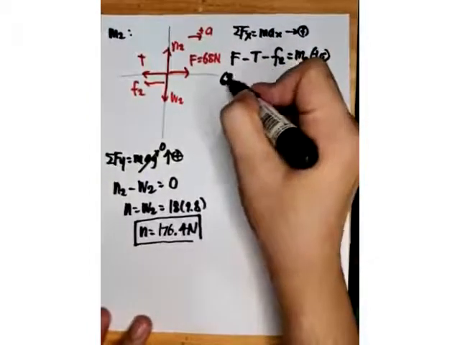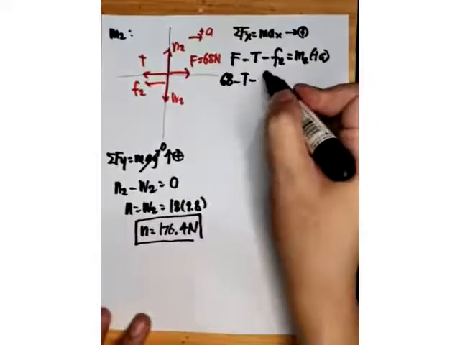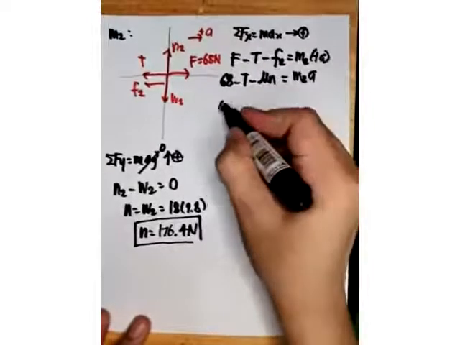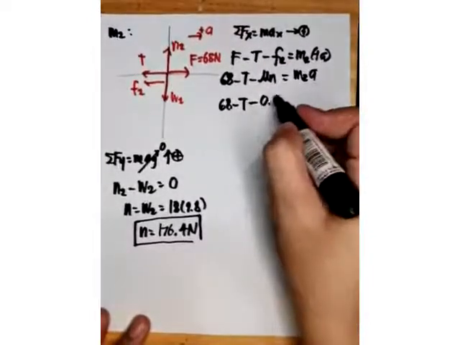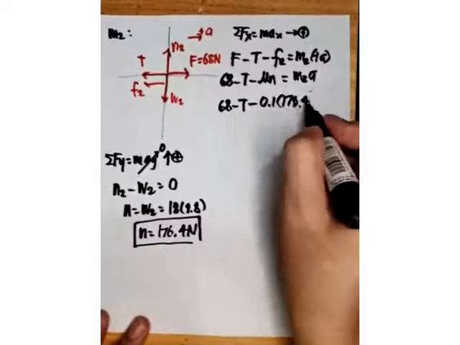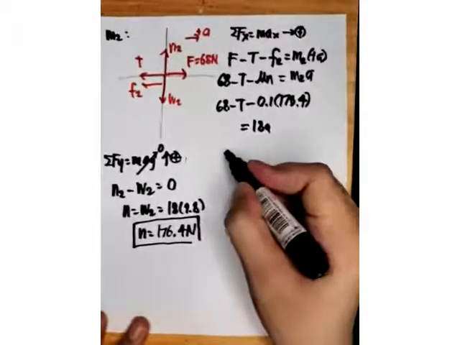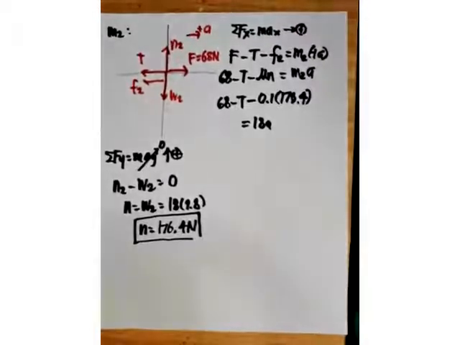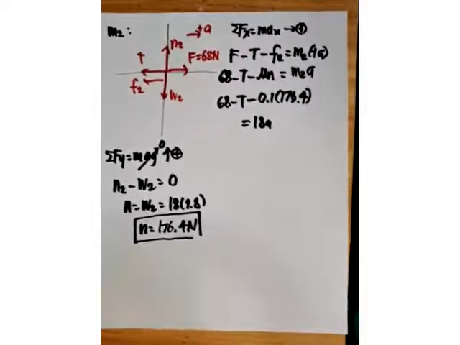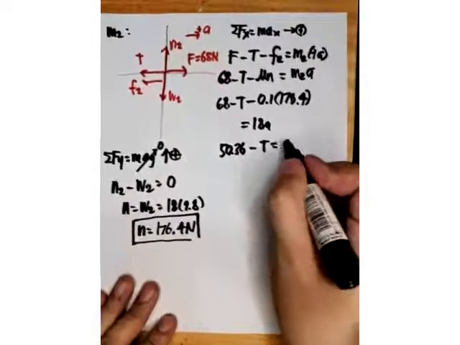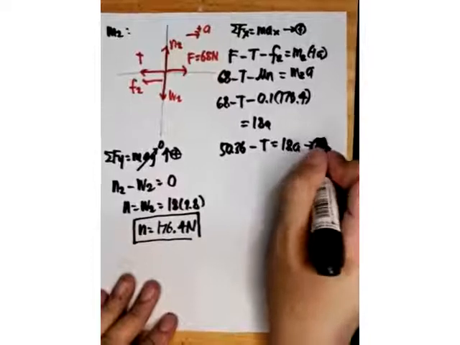So this is 68 minus tension minus 0.1 times 176.4 is equal to 18a. So can we simplify? The 68 minus 0.1 times 176.4 is 50.36. So 50.36 minus T is equal to 18a. So this is our second equation.